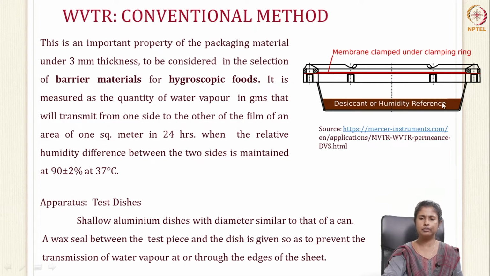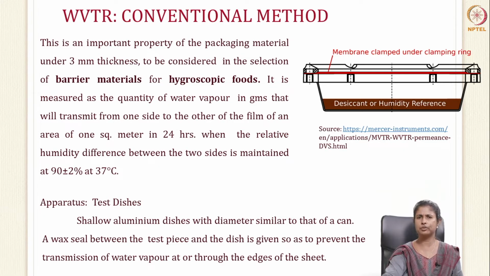These shallow cups have the desiccant, like calcium chloride, placed in them. The test material that you want to test is placed over this. It is sealed and kept in an atmosphere with high humidity, around 90% plus or minus 2%, and 37 degrees centigrade.